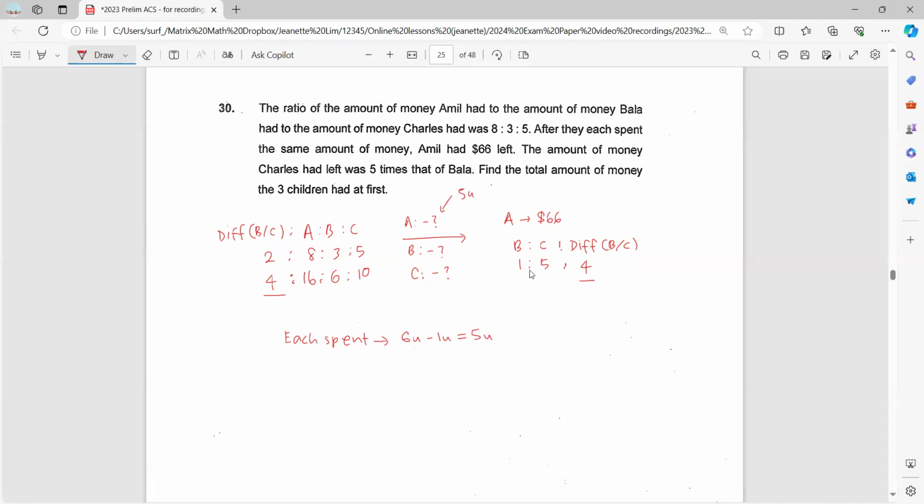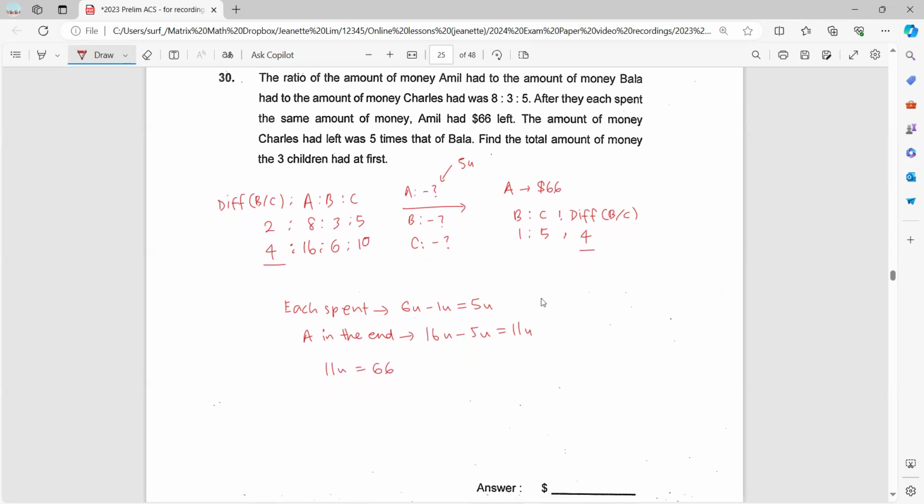So for A, in the end, A started with 16 units, so we take away 5. You have 11 units. So 11 units is actually the $66. So 1 unit is 66 divided by 11, which is 6.